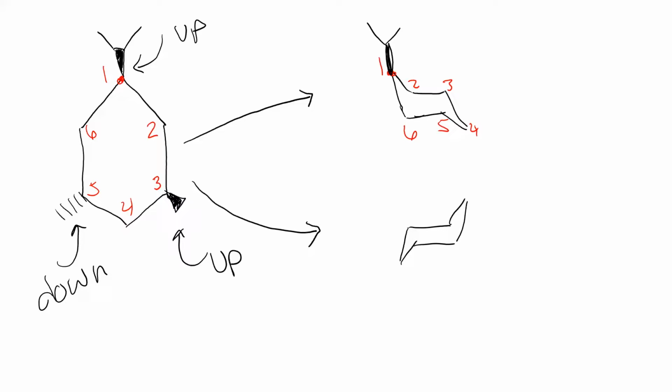So I know that the equatorial position here, there's nothing on it, but it is facing down. That means that the equatorial position here has to be up, down, up, down, up. Again, it alternates from carbon to carbon.